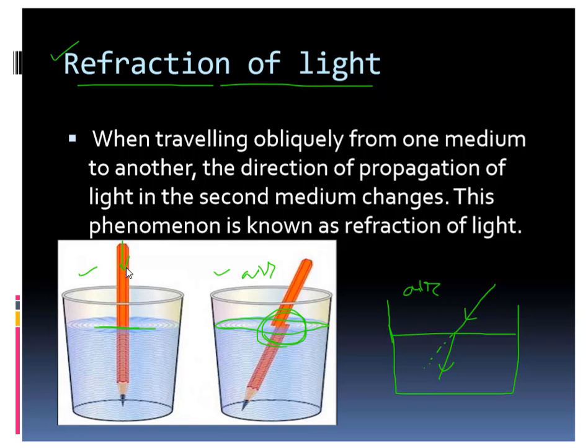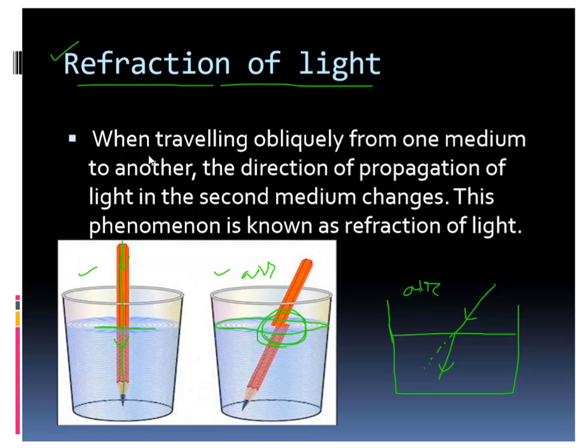When the light ray is normal to the surface of the medium, the laws of refraction do not work. That means the ray comes in a straight line and does not bend towards any other direction. But when it is oblique, it bends towards the normal or away from the normal.